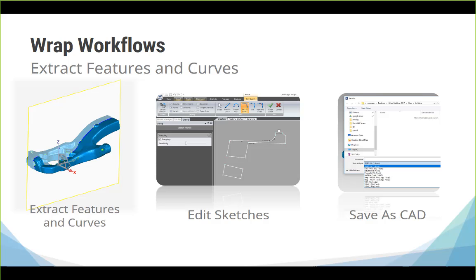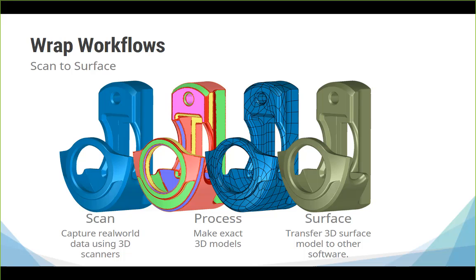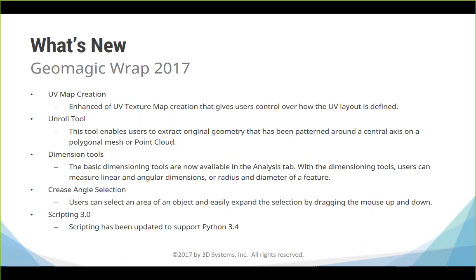The second workflow here is capturing that information to extract features or sketches or surface models and then saving those out as CAD. So that's still a workflow that we offer with this product. And then the third workflow here is, as I mentioned before, scanning that information, processing it into exact surface models, and transferring that to a CAD package or other software.